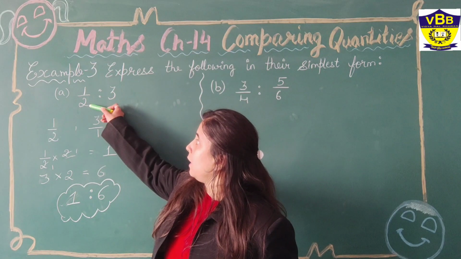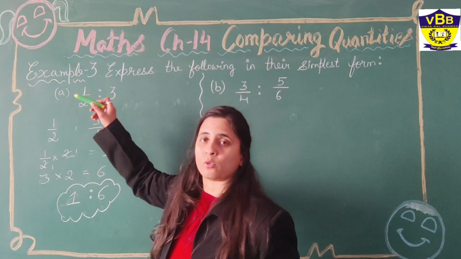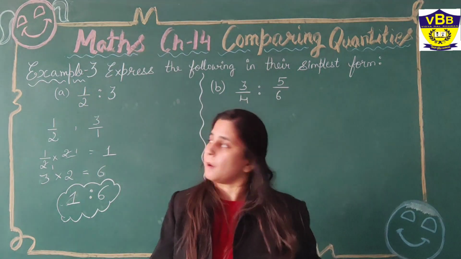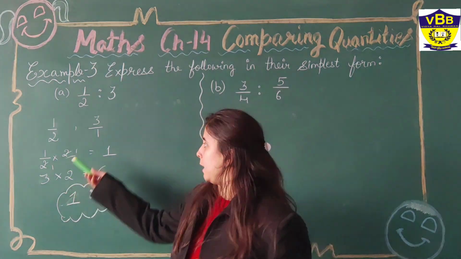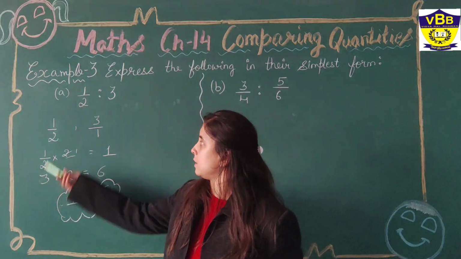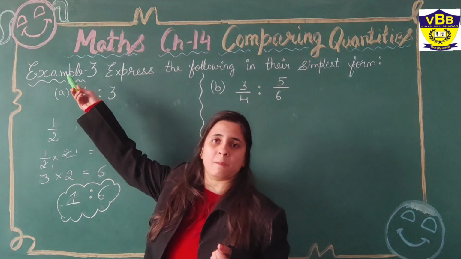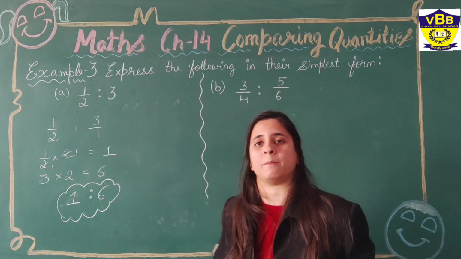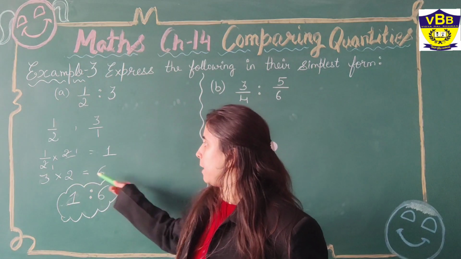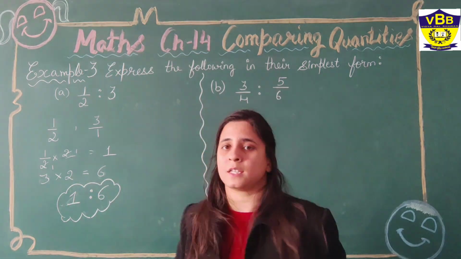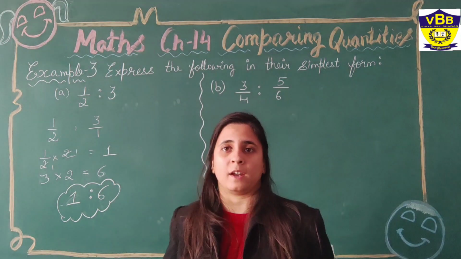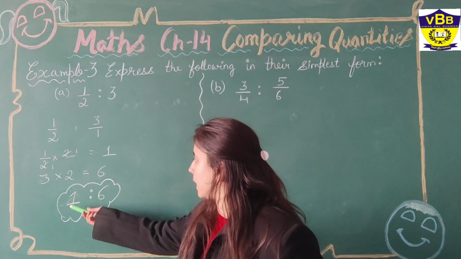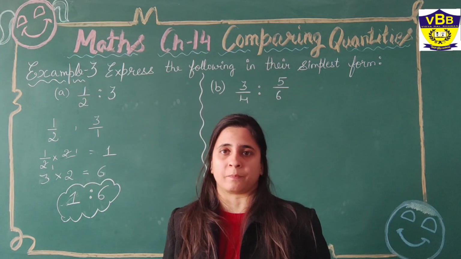So, to convert 1 by 2 into a whole number, we multiplied it by 2. It becomes 1, and if we have multiplied the first number by 2, we need to multiply the other number also by 2. So, that becomes 6. 1 is to 6. They are already in the lowest form. There is no common factor. So, the ratio becomes 1 is to 6.